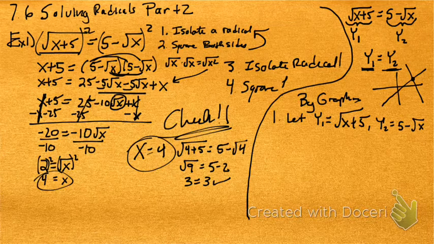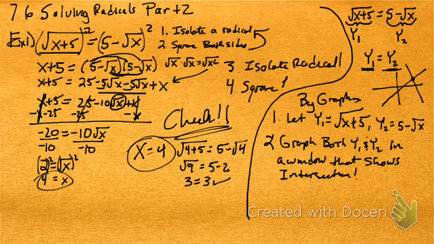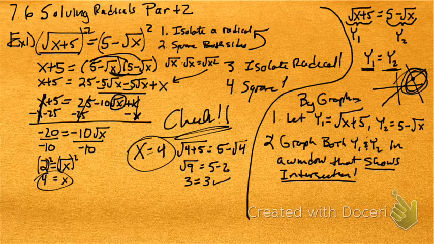Then what we're going to do, after we have that in our calculator, step 2 is to graph both y1 and y2 together in a window that shows the intersection. So that's key. You have to see the intersection. If you don't see where the lines cross, you're not going to be able to find the solution. And maybe if you're lucky, you'll get it in the standard window, but you may not be.